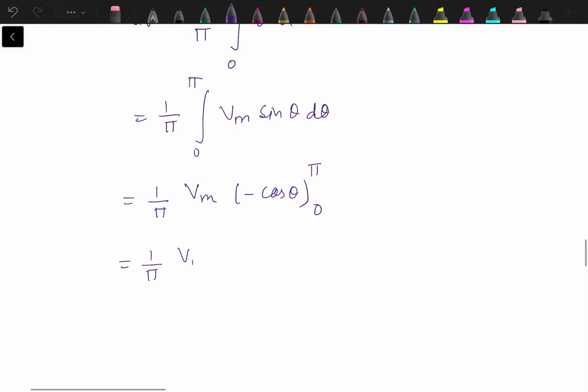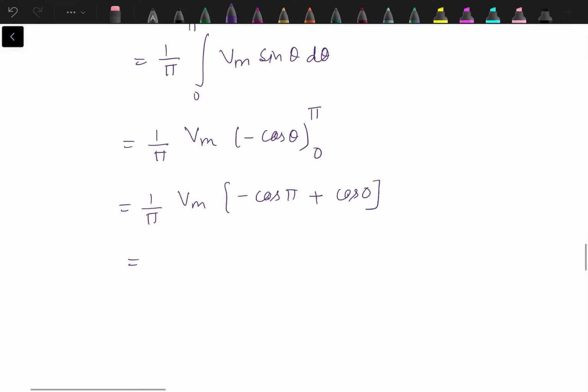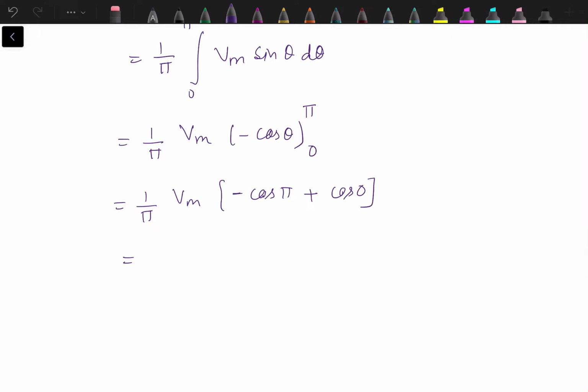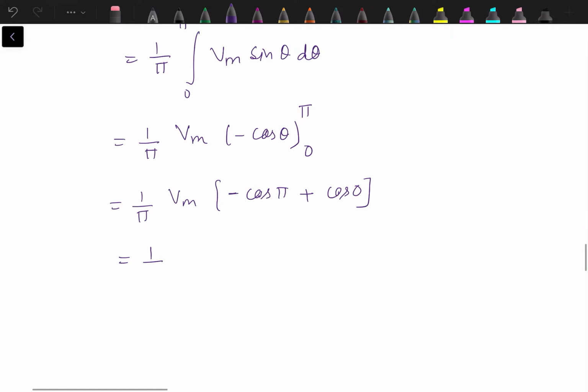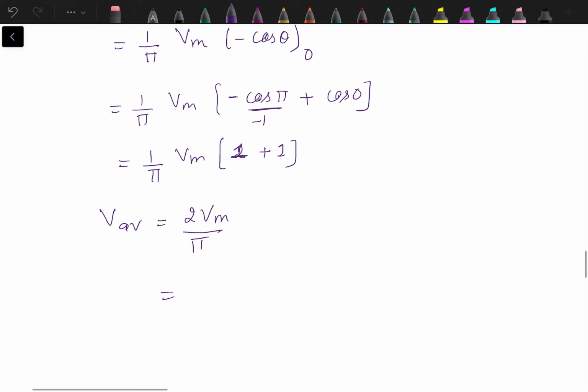So 1 by pi Vm, cos of pi plus cos 0, with the minus sign. Cos of pi is minus 1, so minus minus gives plus, so it's 1 plus 1. So our average value of voltage is 2 Vm by pi. We can say it's 0.637 Vm. This is the average value.